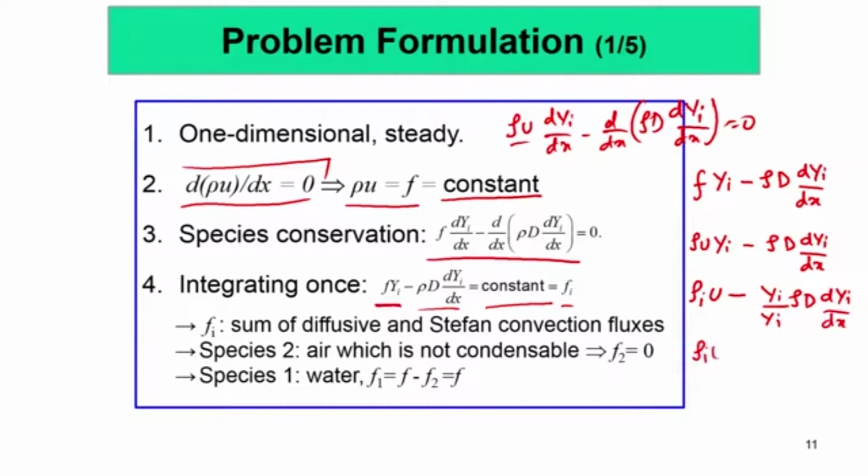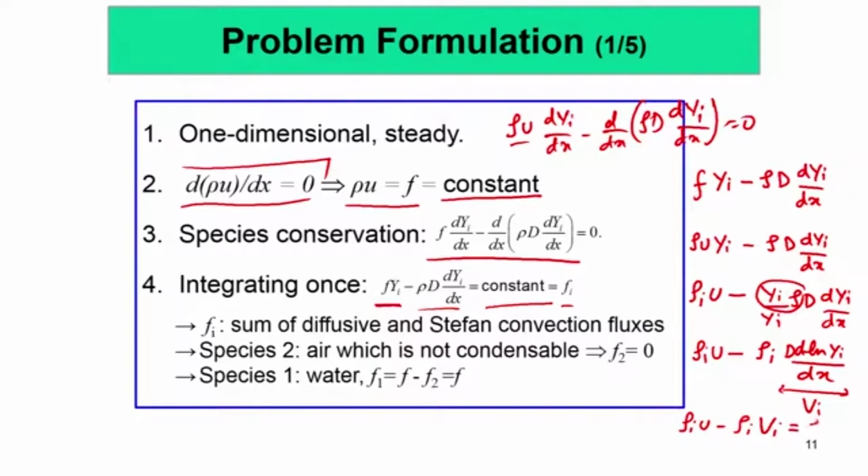So rho I times u minus, we can just combine these two things, and write it as rho I times D d ln yI/dx. Now what is this? This is nothing but the species diffusion velocity. So rho I times u minus rho I times v, what is that?